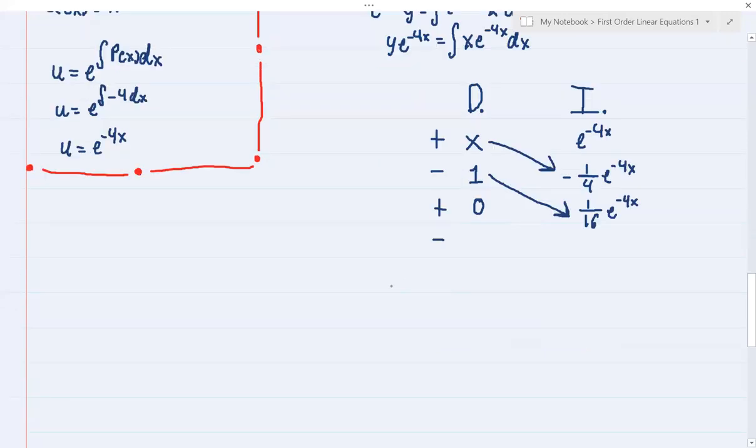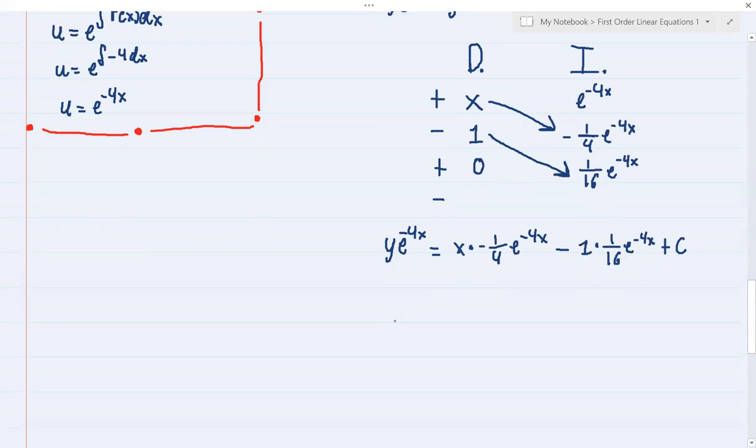So as a result, y times e raised to negative 4x is equal to x times negative 1/4 e raised to negative 4x minus 1 times 1 over 16 e raised to negative 4x plus c.